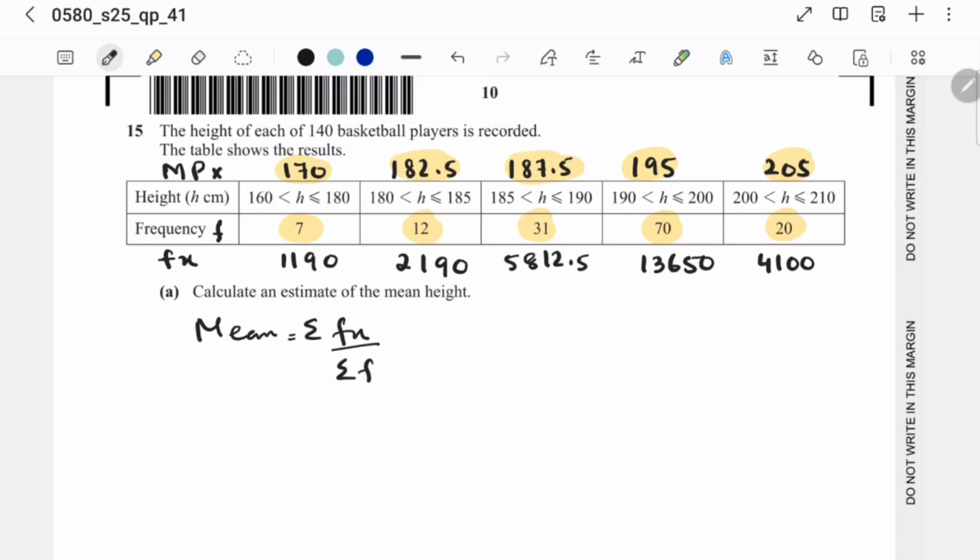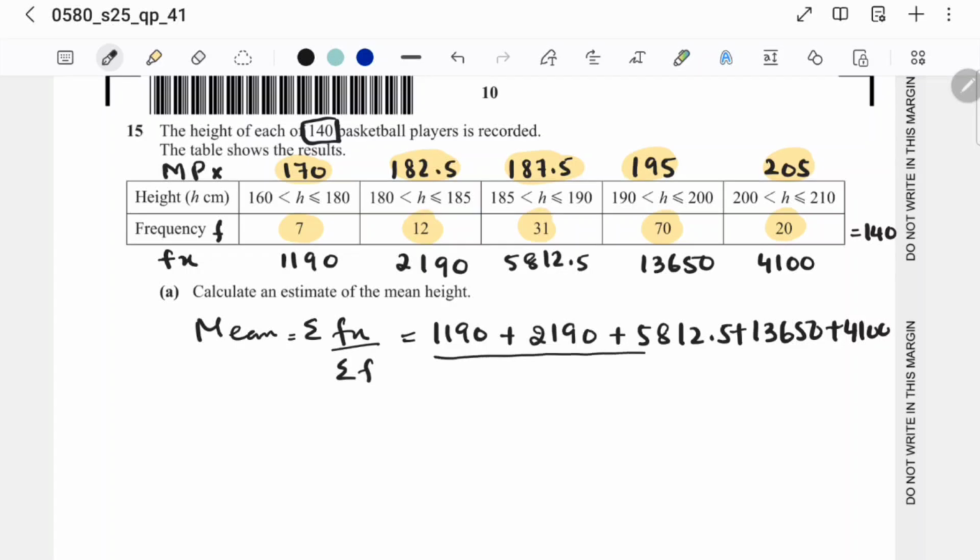Now we are going to find the sum for all of them, and you know that the sum of f is 140. When you add 7, 12, 31, 70 and 20, it comes to 140. So that is 1190 plus 2190, and just write down all of the numbers here and take your calculator and calculate all of them.